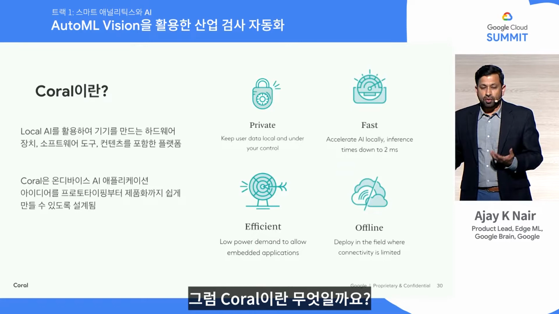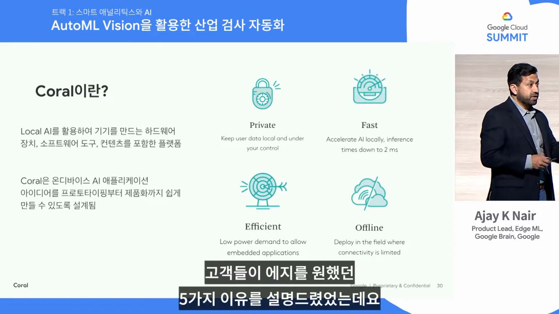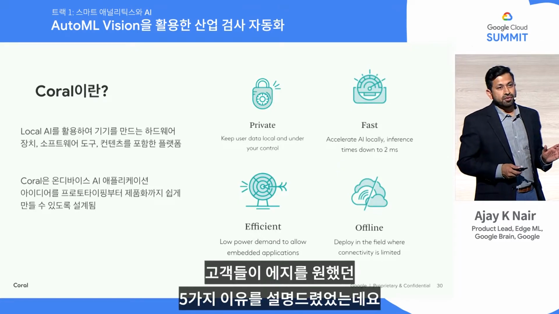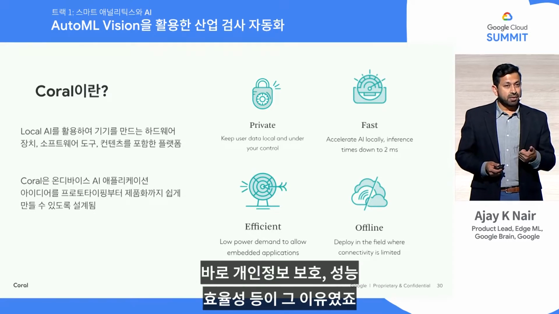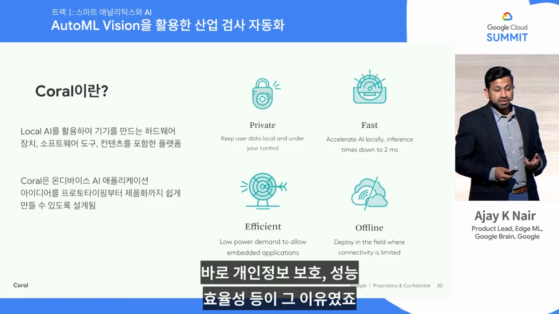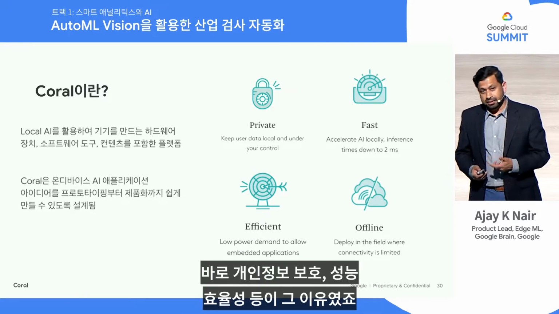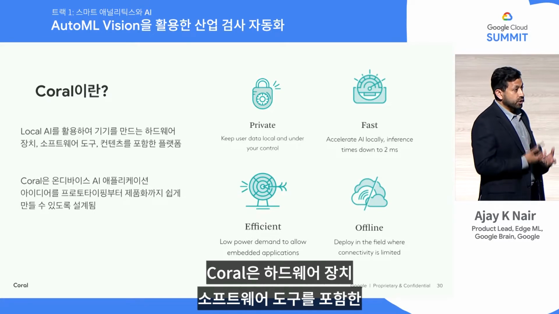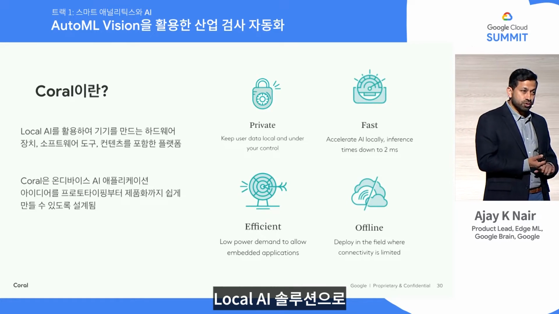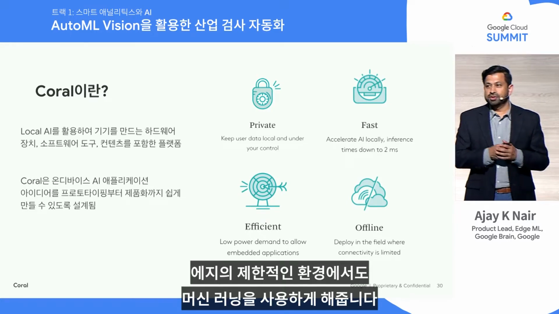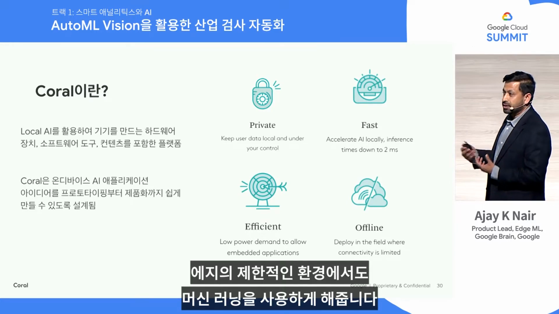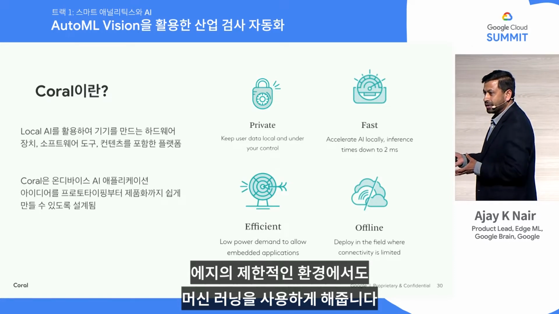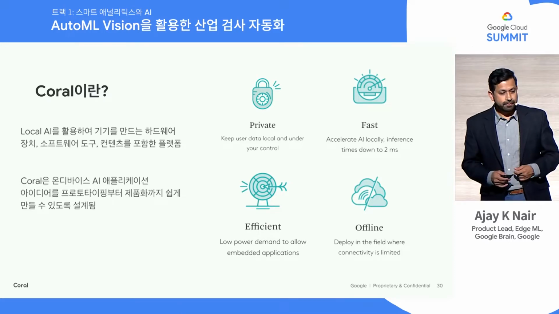So what is Coral? I mentioned 5 reasons why customers asked for edge machine learning: privacy, performance, efficiency, etc. So Coral is a local AI solution of hardware, software, and tools to allow customers to bridge that gap and run machine learning in the constrained environments of the edge.